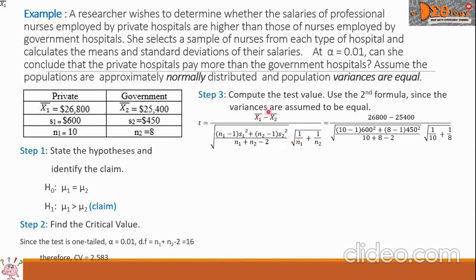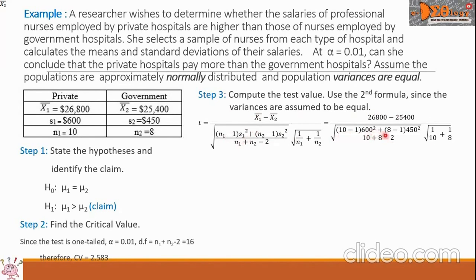The x bar sub 1 is 26,800 minus the x bar sub 2, that is 25,400. All over, we have two big radicals here. The n sub 1 minus 1 is 10 minus 1. The s sub 1 square is 600 square.